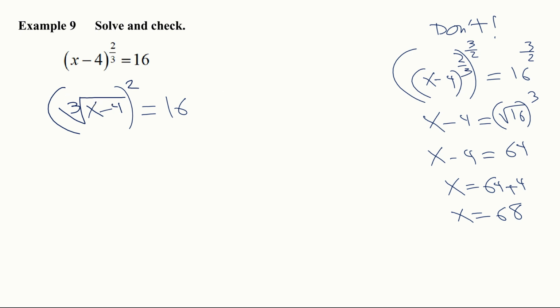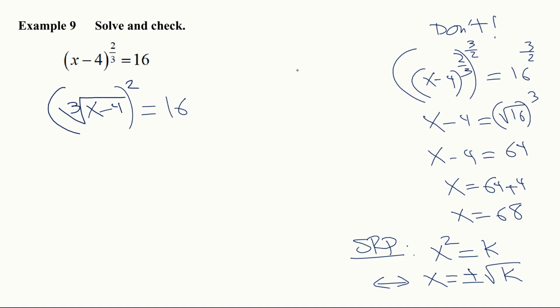Now this is where you have to be careful, because here we have the square root property, which says x squared equals k if and only if x equals what? Plus or minus the square root of k, right? So this is where you're going to treat all of that as simply just x.